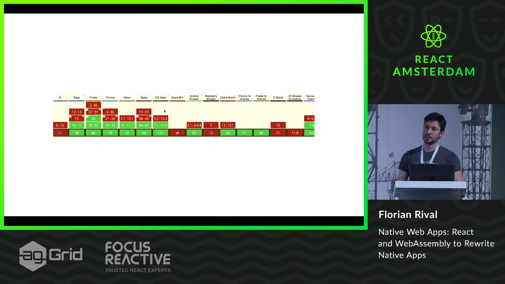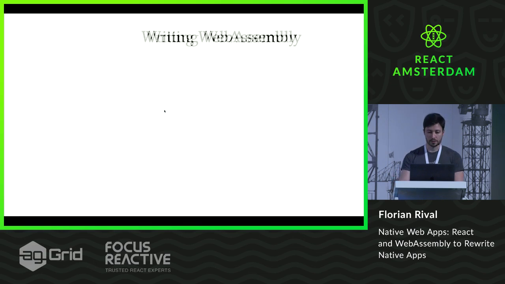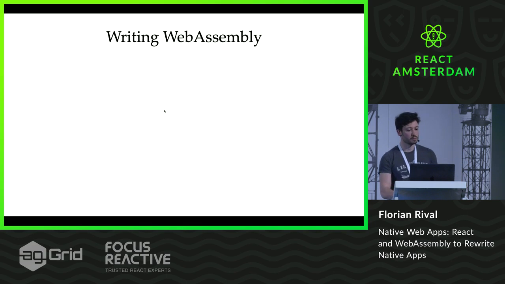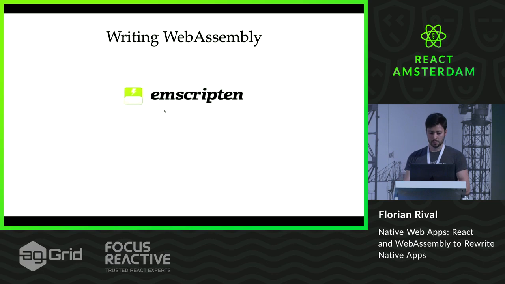The idea of WebAssembly is that it's a low-level language that is easy to optimize and to run at quasi-native speed. And it's not a language that you write directly, it's a compilation target. That means that, for example, if you want to write WebAssembly, you can use Emscripten, which is what I've been doing to compile C++ or a C code base to WebAssembly.